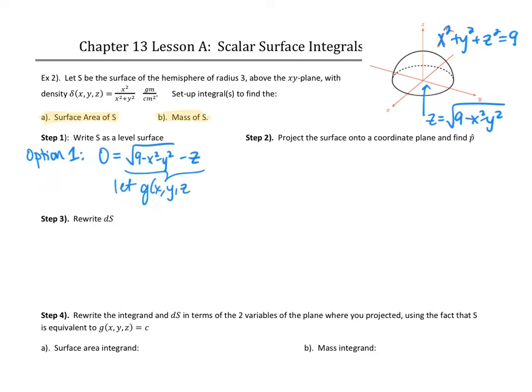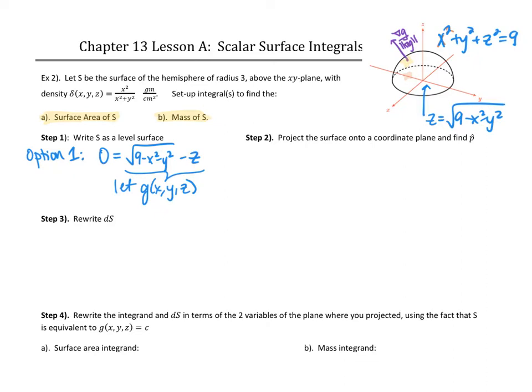But remember what we're using g for. Ultimately, we're trying to find a vector that's normal to our surface at a given point, and we're going to use the gradient scaled. We take that vector and dot it with p so that we can figure out, as we project a tiny little surface here, what the corresponding new area down here becomes, if, let's say, we were projecting onto the xy plane.